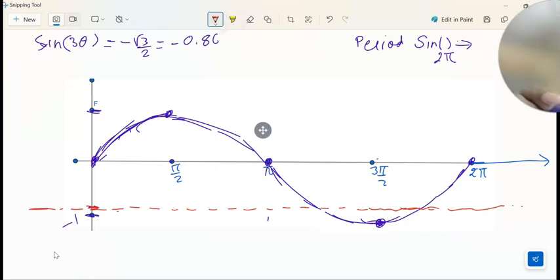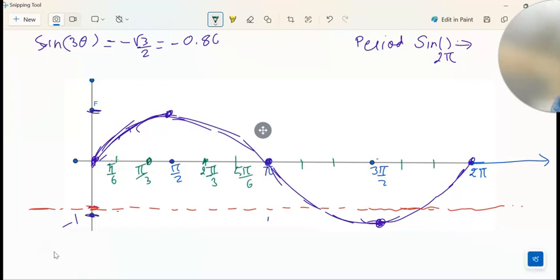So what I'm going to do is break each of these into three parts: 1, 2, 3, 1, 2, 3, 1, 2, 3. It's not perfect, but I'm just trying. So this is pi by 6, this is pi by 3, then 4 pi by 6 which is 2 pi by 3, and this is 5 pi by 6.